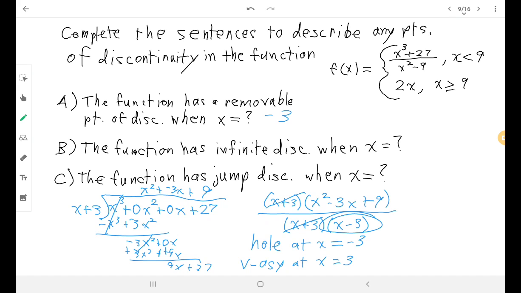But this one stays, and this one would be 0 when x equals 3, and that's when you get vertical asymptotes, when you have something in the denominator that makes the entire denominator 0, that is the x value that you put in makes the denominator 0, and it never gets removed, it never gets canceled, and that's how you get a vertical asymptote most of the time. Well, no, all the time.